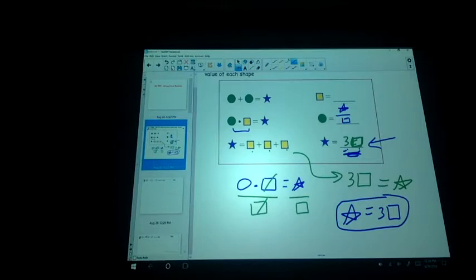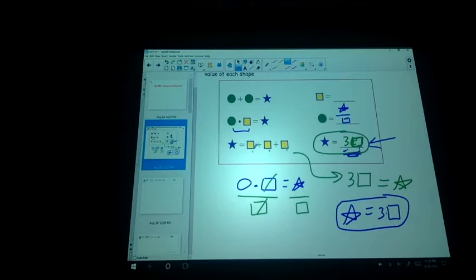How are 3 and square being held together? Multiplication. We good? Because we just said that's what this is equal to, agreed?